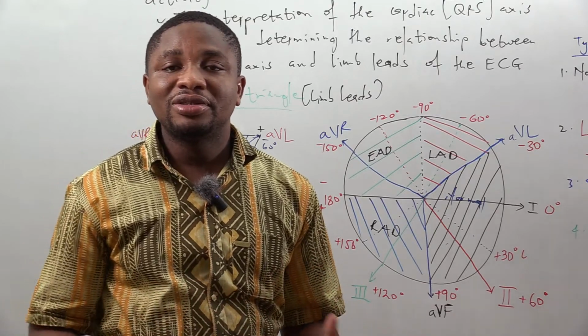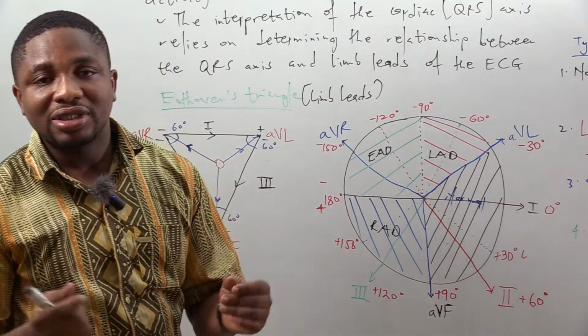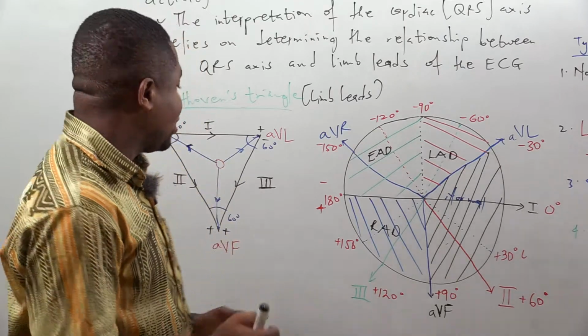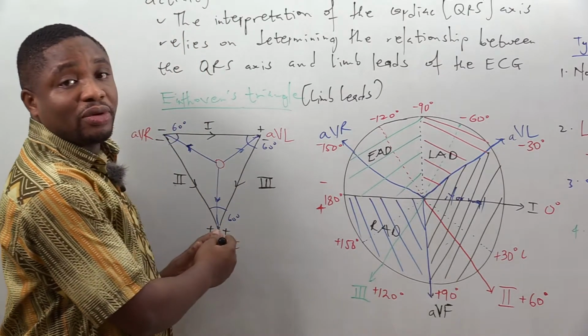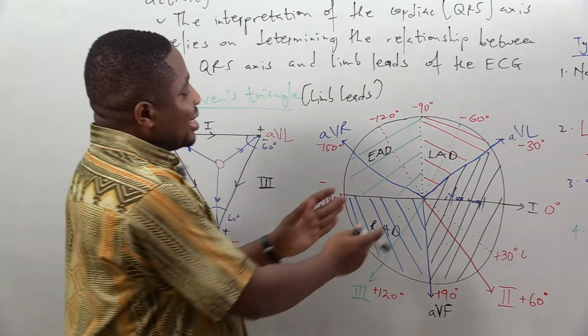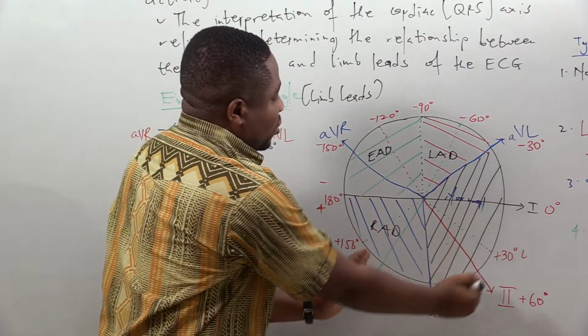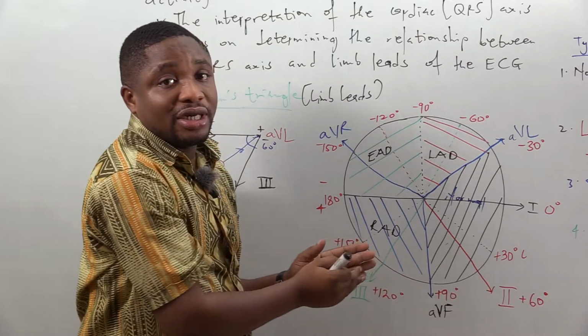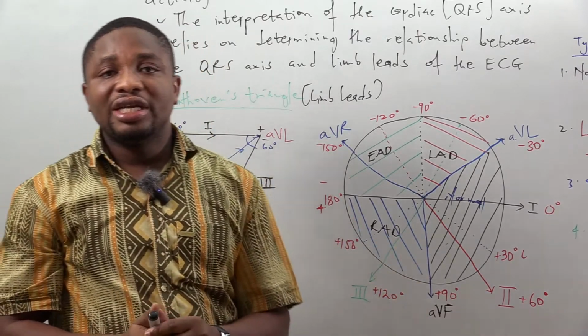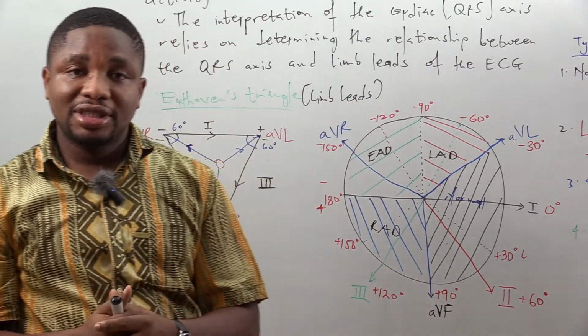Why? Because the ground is a reservoir for positive charges. So the lower portion of this circle is positive because it is facing the ground.